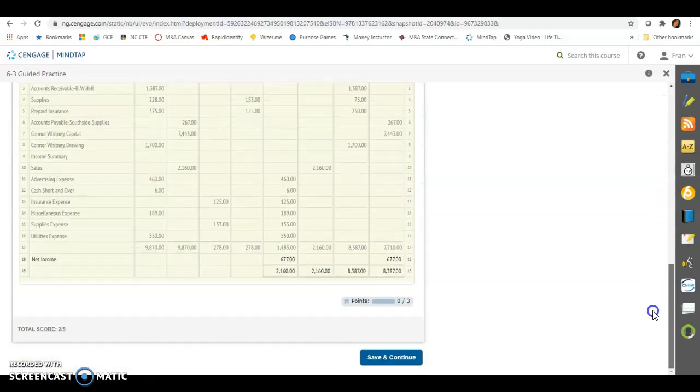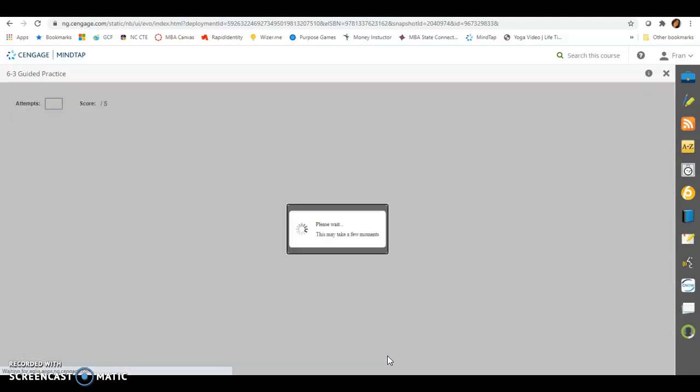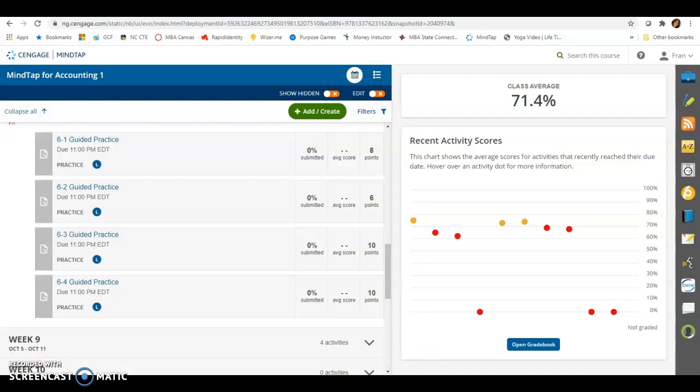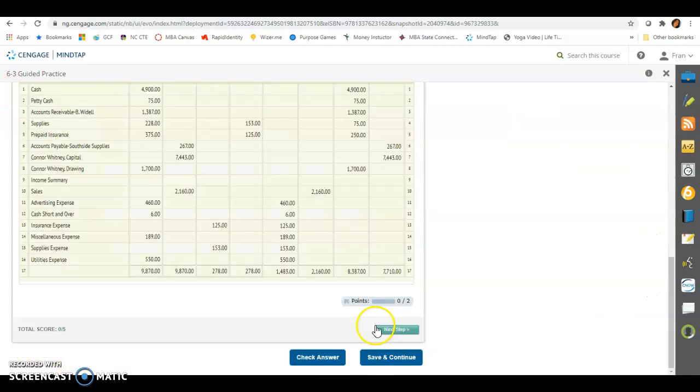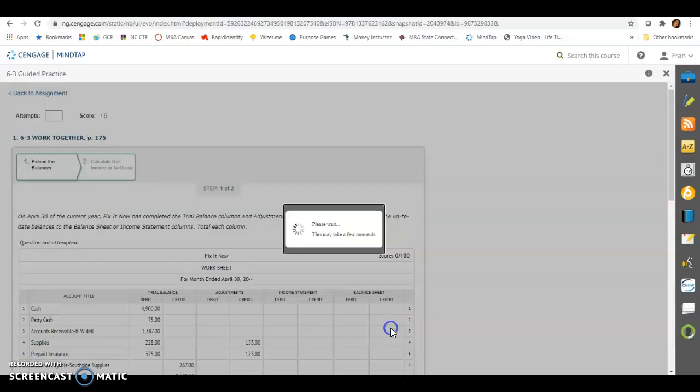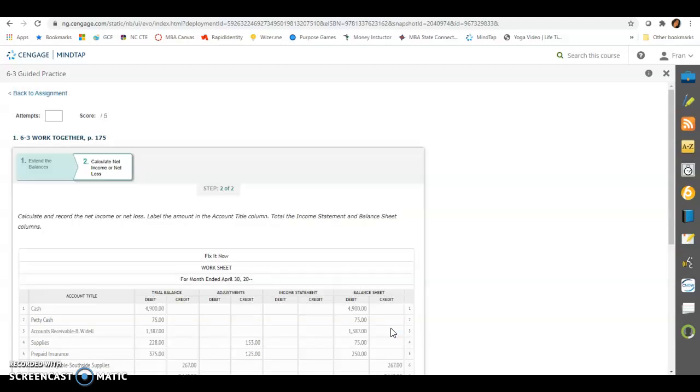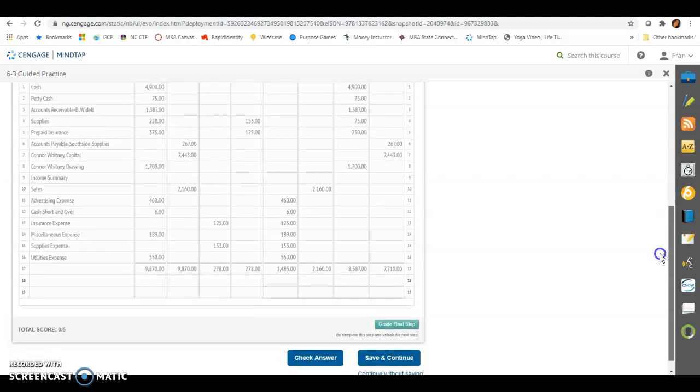Okay, so that step was good. So now I'm going to the next step. In the next step, I'm calculating the net income or net loss. Okay, so I come down here.